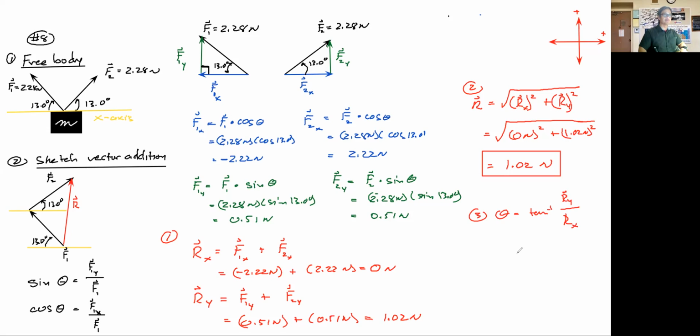Plugging that in, it's the inverse tangent of 1.02 newtons over 0 newtons. That's an undefined value, but we know the two angles that give us an undefined value are 90 degrees and 270 degrees.